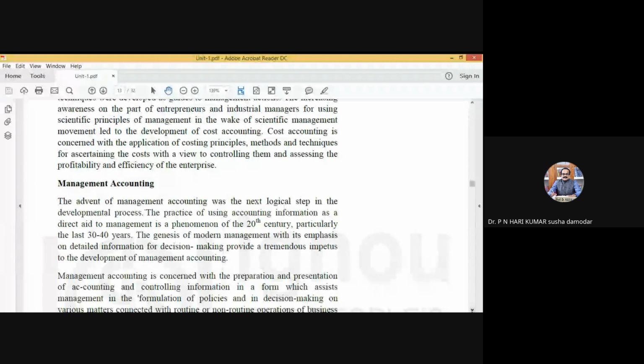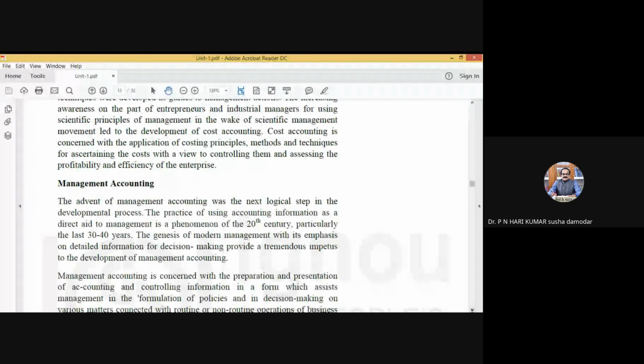What are the cash transactions, economic transactions taking place for a particular period? And cost accounting deals with the cost of manufacture of a particular product. What is the cost of material? What is the cost of labor? What is the cost of overhead? What is the direct expenditure? What is the indirect expenditure incurred for producing a particular product? That shall be clearly given by cost accounting.